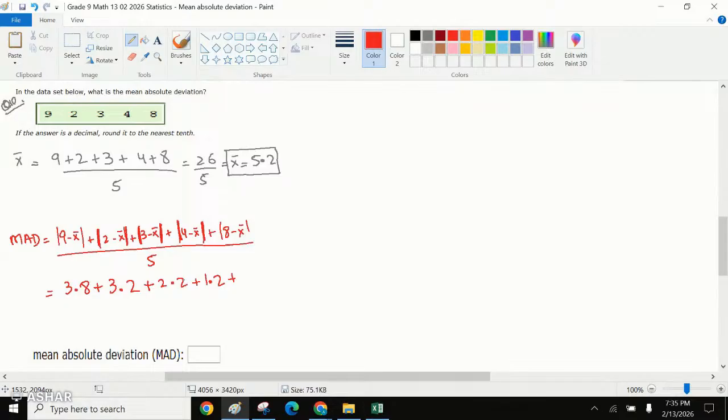Agreed? And 8 minus 5.2 is 2.8. That's positive already. Divided by 5.